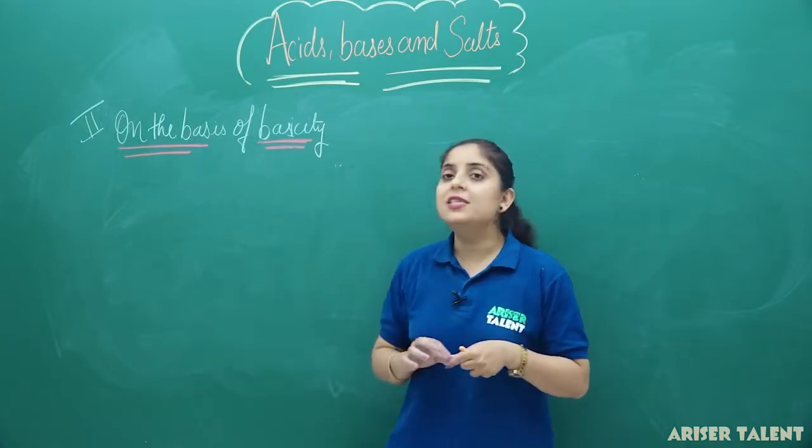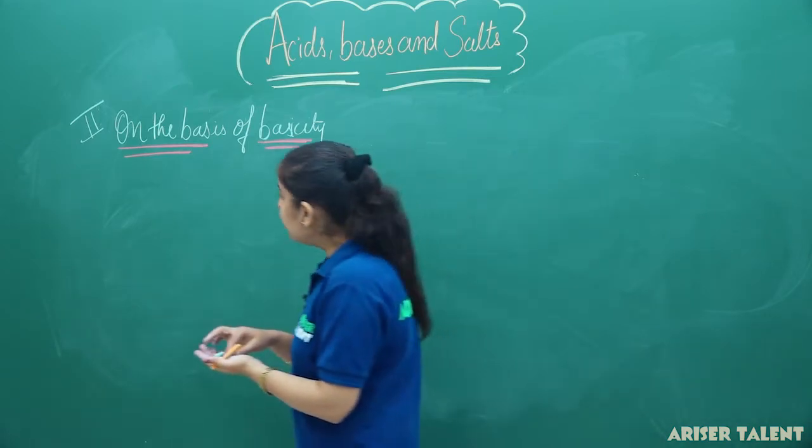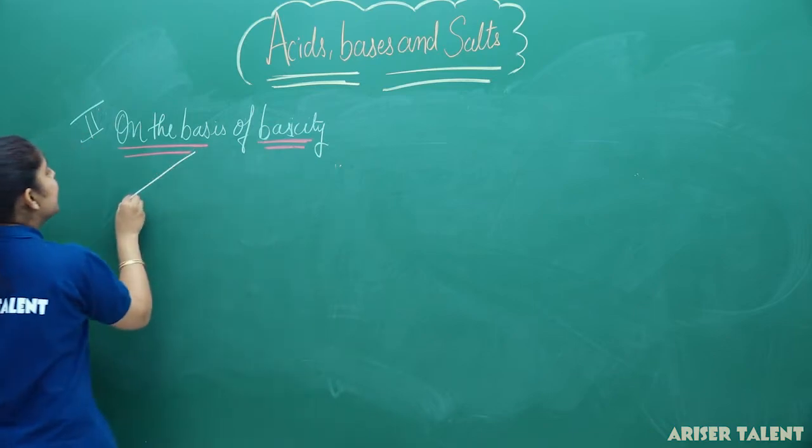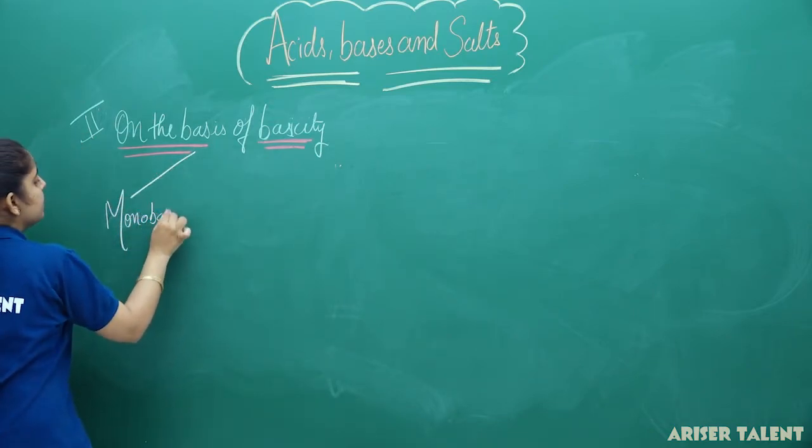Clear? So on the basis of basicity, you have 4 categories of acids. So what are these 4 categories? The first category is monobasic acids.